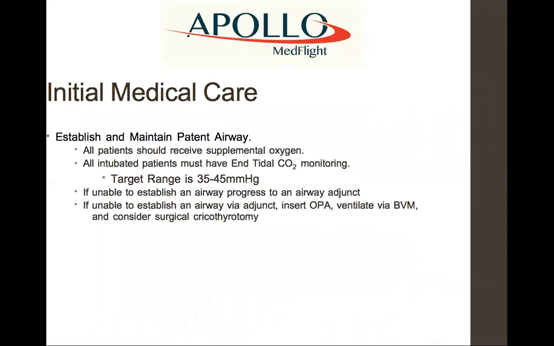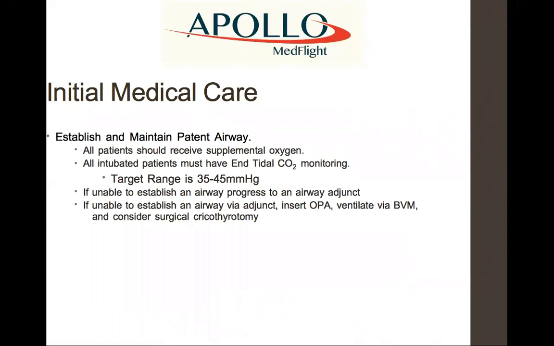It may not be that the respiratory system is too slow to breathe it off, but the body's working so hard and has a buildup of CO2 because of the anaerobic metabolism. So keep in mind that 35 to 45 is just for a standardized ventilator patient. It's not for head injuries, where you're going to want a 30 to 34. That should be covered in our trauma and ventilator management video series.